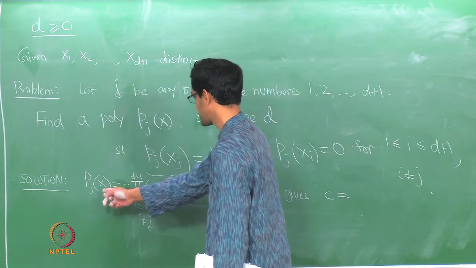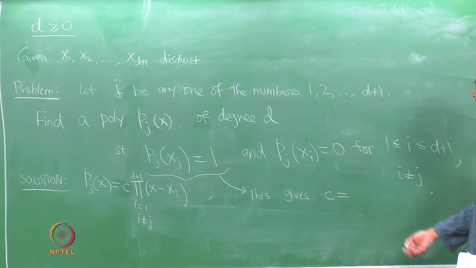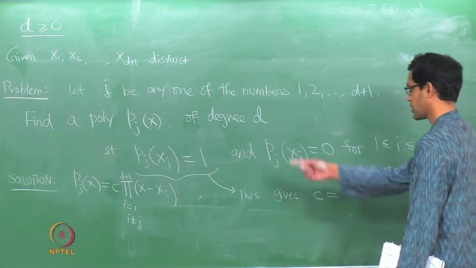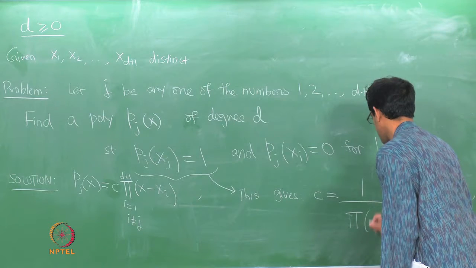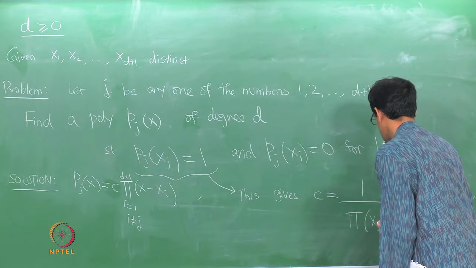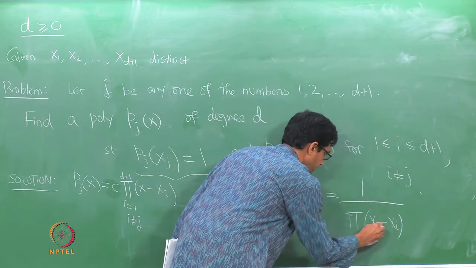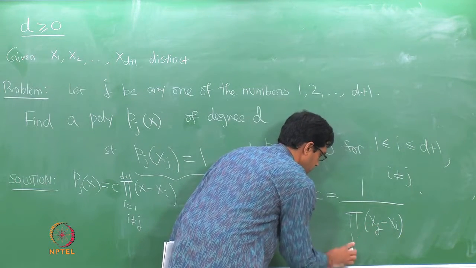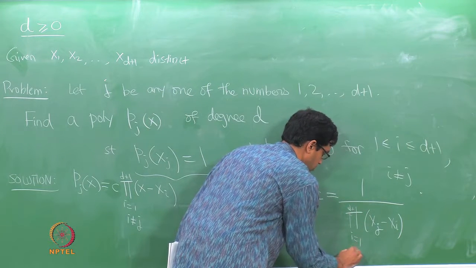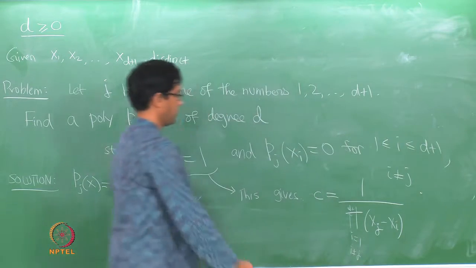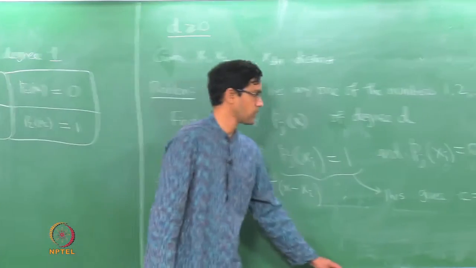If you put x equals xj, the left hand side is a 1, the right hand side is a product of xj minus xi. So the constant c must in fact be 1 over the product of xj minus xi. This is a product over all i from 1 to d plus 1, but i is of course not equal to j. Right, that is the choice of the constant which will make this a 1.